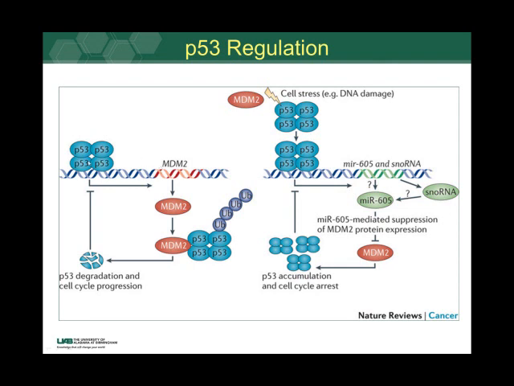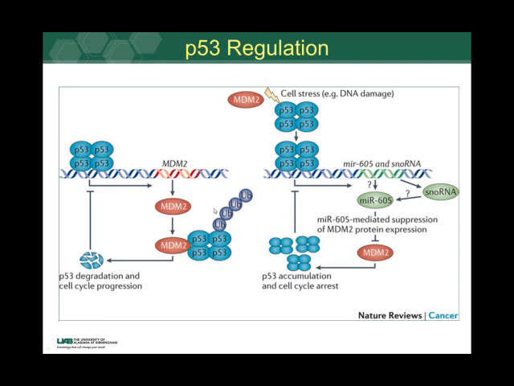And so it turns out that p53 tetramer will bind to the upstream region of the MDM2 gene and actually increases transcription of that gene. Transcription will lead to translation of MDM2, which will complex with p53, and it will cause the ubiquitination of p53 and destine that p53 for proteasome degradation. And so the level of p53 is controlled by the activity of MDM2.